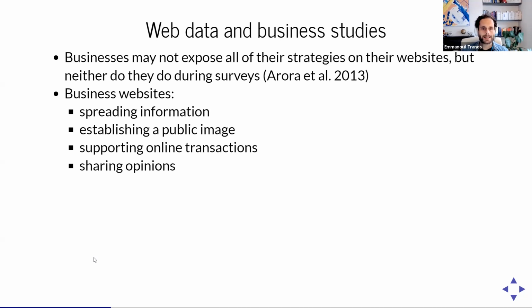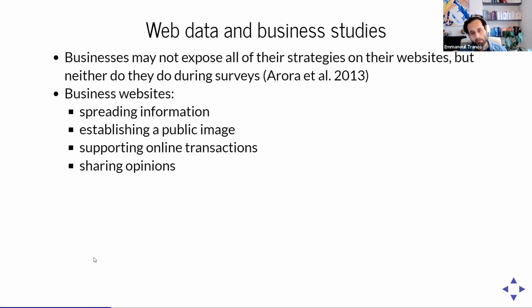So why is it useful to use business website data to understand business practices? One might say that businesses are not going to reveal all of their strategies on their websites. However, this might be true also for surveys. And you've got to bear in mind that surveys have traditionally been the main source for business data.